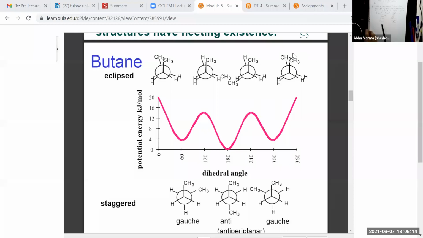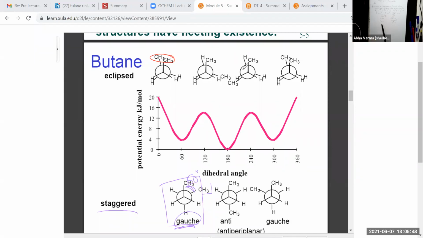And so when we look back, this is the completely eclipsed structure. When the staggered conformation occurs, at the first 60-degree angle, we say that this is staggered gauche. Now, gauche is a French word, which in French means a different word, but for most English-speaking people, we will just say on our side.